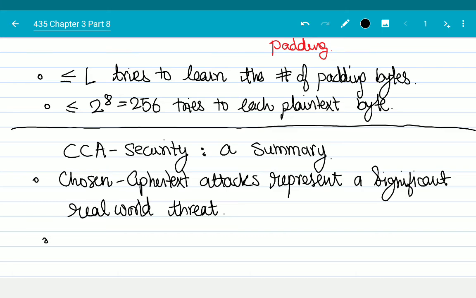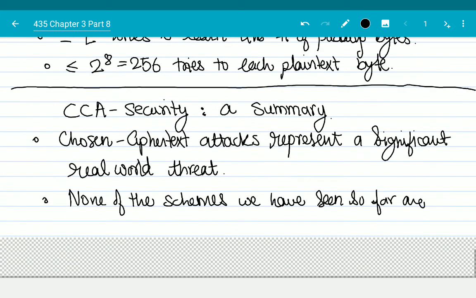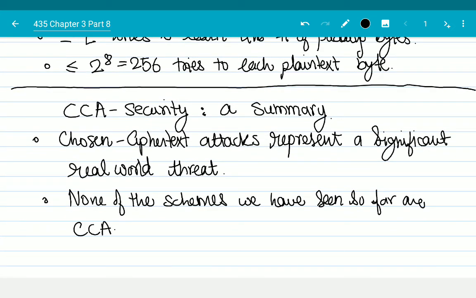Secondly, modern encryption schemes are designed to be CCA secure. Okay, let me say this first. None of the schemes we have seen so far are CCA secure.